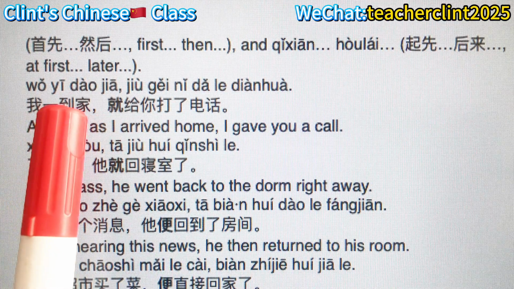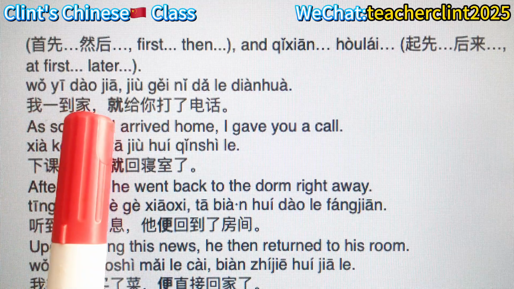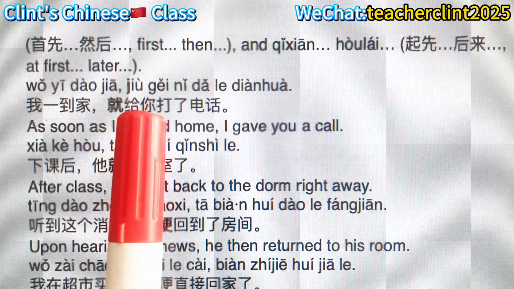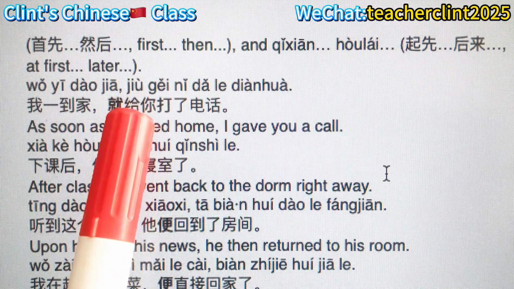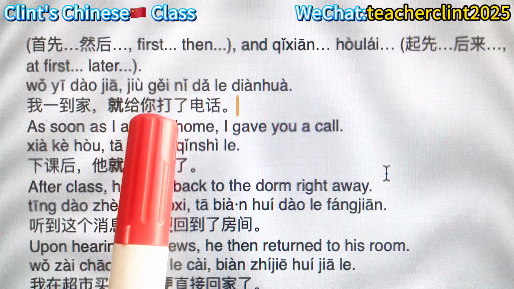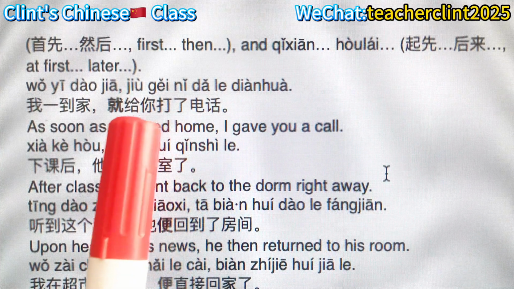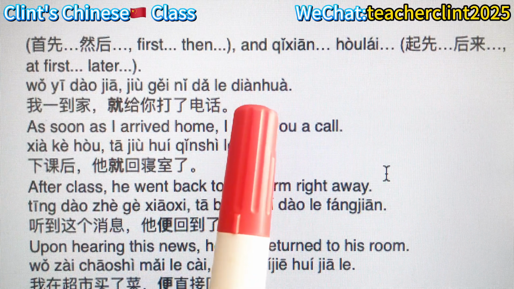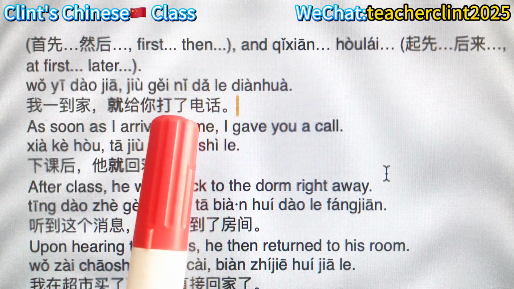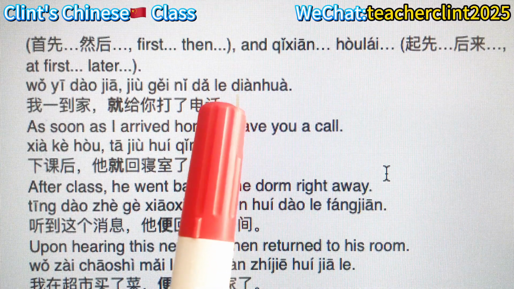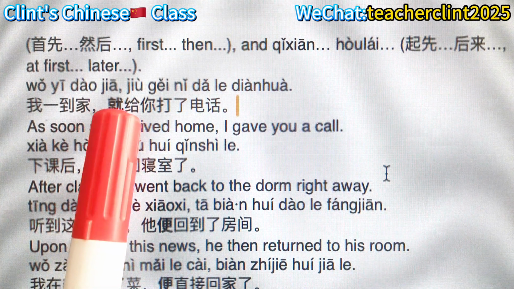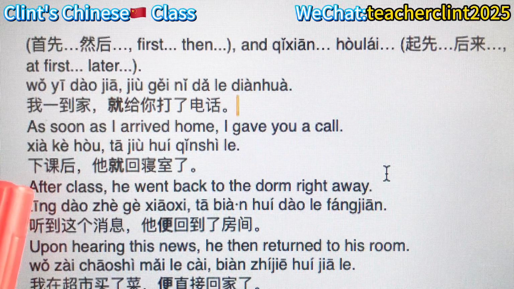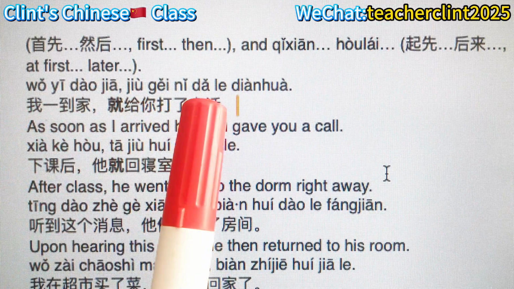So 我一到家 the moment I arrive home, subject predicate. 就 then, right? 给你打电话。给 plus somebody 打了电话 meaning give somebody a phone call or call somebody. 打了电话 means make a phone call. So here we use the conjunction 就 meaning and then, to connect the two sentences, right?